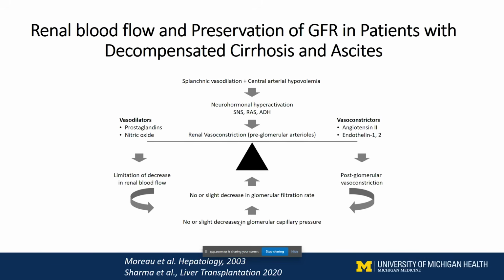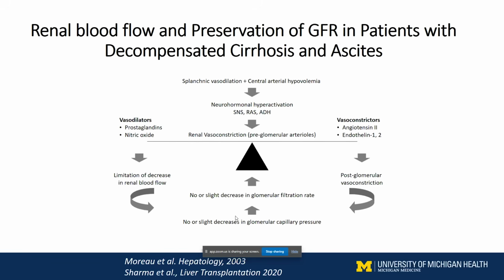The pathophysiology of hepatorenal syndrome is very fascinating, and it is not as simple as it looks in this diagram. There are many players. So there is extreme portal hypertension, patients with cirrhosis and ascites. Splanchnic vasodilation is the hallmark of portal hypertension, along with central hypovolemia.